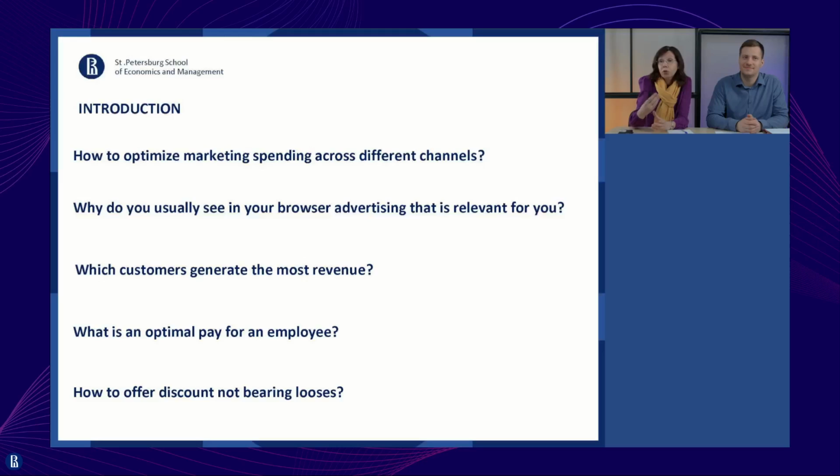For those interested in human resource management, a quite essential question is about salary and fringe benefits. In this case, we can ask what is an optimal pay for an employee, or how to offer a discount without incurring losses. All these questions are related to data, and data can support company leaders in decision making.